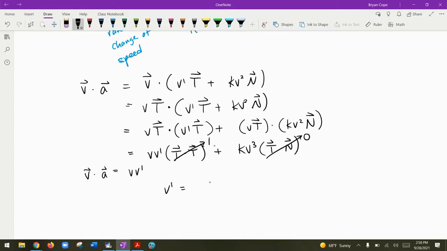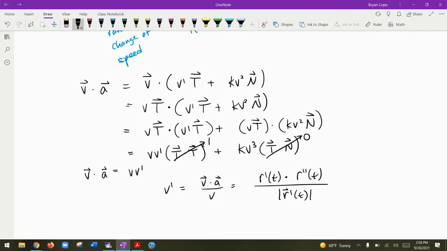So V prime equals V dot A over V, which can be thought of as R prime of T dotted with R double prime of T over the magnitude of R prime of T.